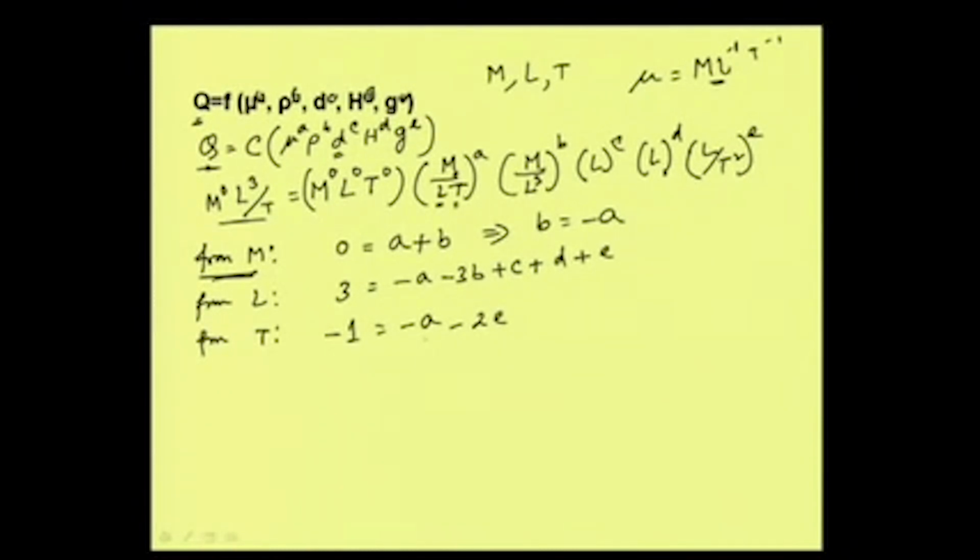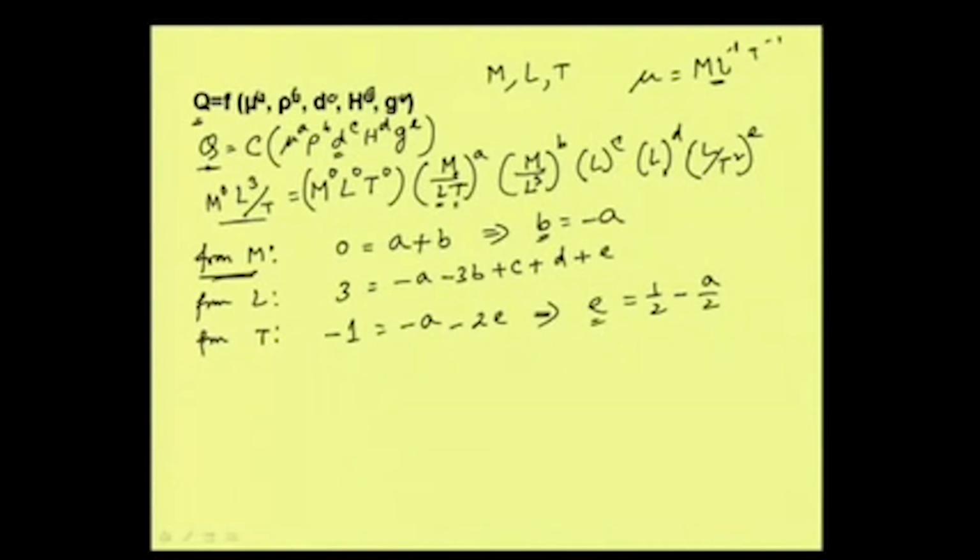Then from this equation we can write e. If I take it to this side, we can write e is equal to half minus a by 2, that is twice e equal to 1 minus a, and that we can write e is equal to 1 by 2 minus a by 2. So, e also we have expressed, b also we have expressed in terms of a. So, two quantities we have expressed.